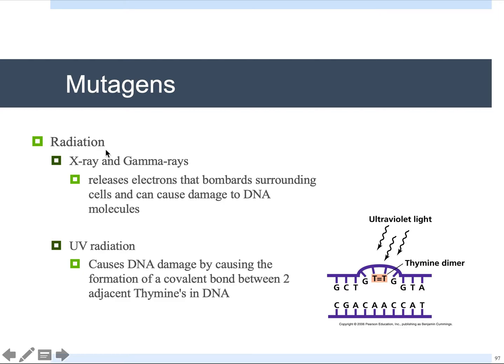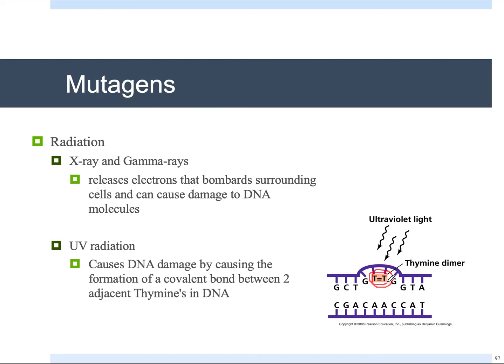X-rays and UV radiation could also cause mutations, and that's why there are some restrictions as to the levels and extent that we get exposed to these radiations, because they could lead to damage in the DNA. So there's a destruction of segments of the DNA. For UV light specifically, they end up causing thymine dimers.